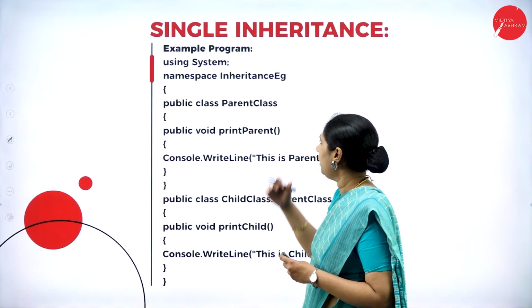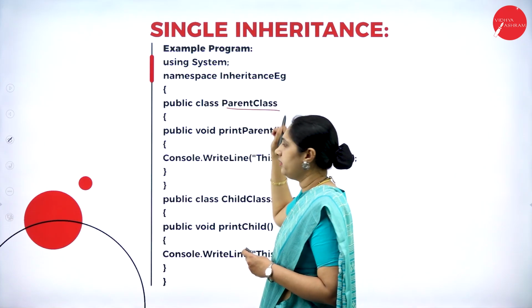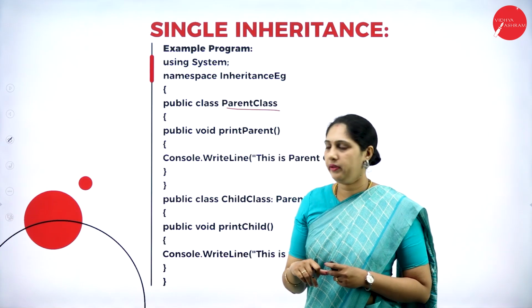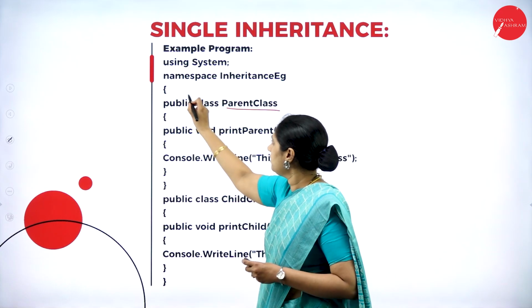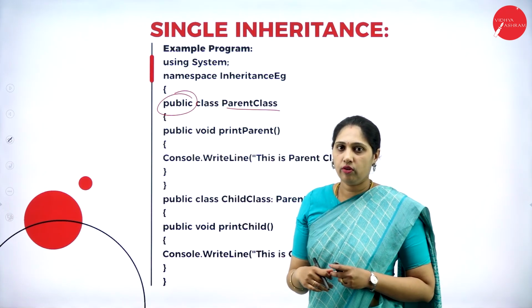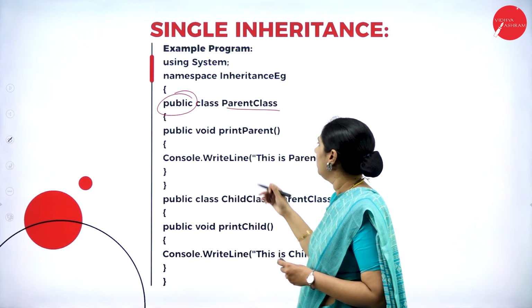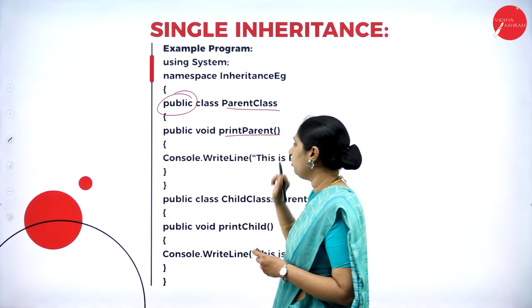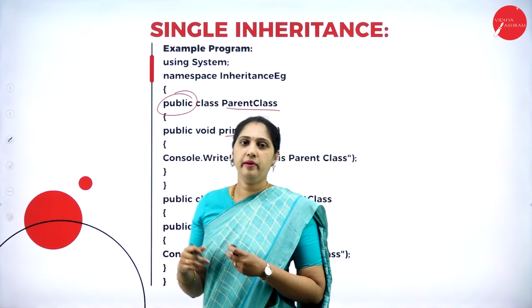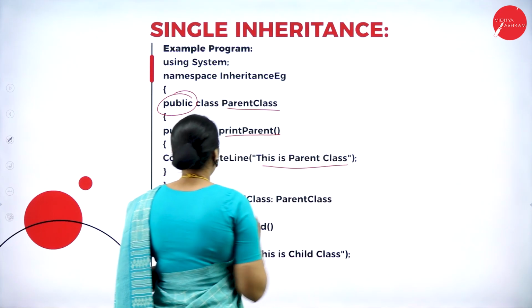What is the example? As usual, we start with using System, then we go to a parent class. Say public class ParentClass. Public is an access modifier, meaning anybody can access this class, so anybody can inherit this class. In this you have a print parent method, which is just a message telling this is a parent class.